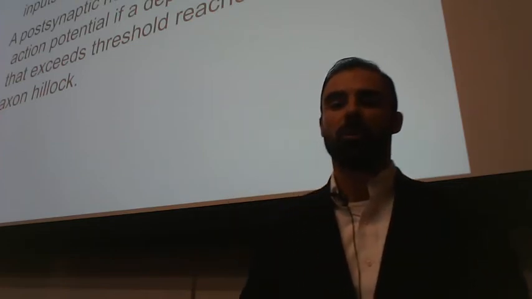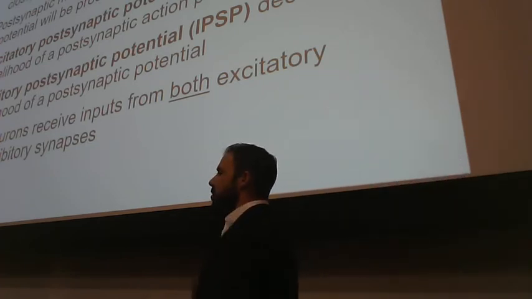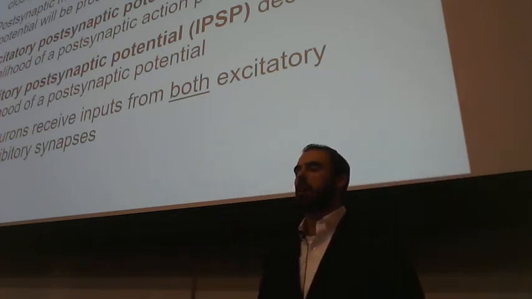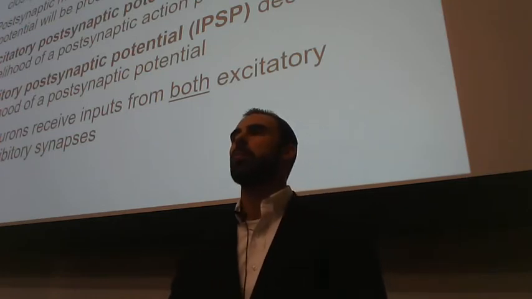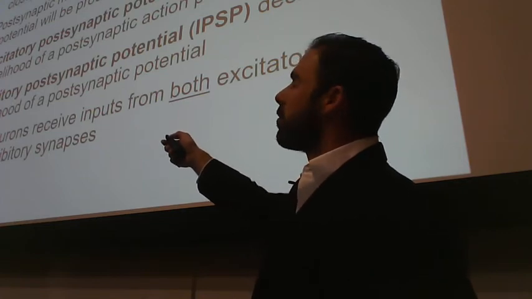Okay, and we'll talk about moving forward how these different types of electrical signals can start to be integrated at the synapse through chemical means and to operate through neurotransmitters. So when you see this abbreviation of NT, it's referring to neurotransmitters.